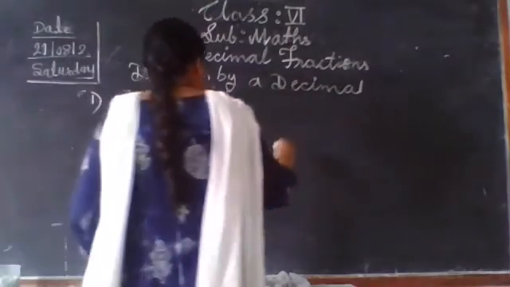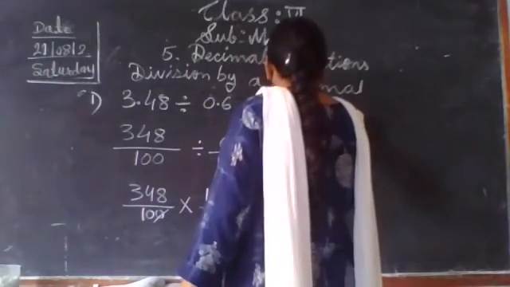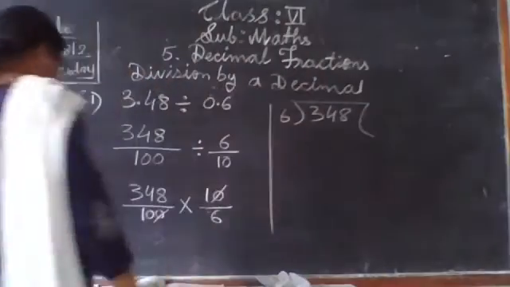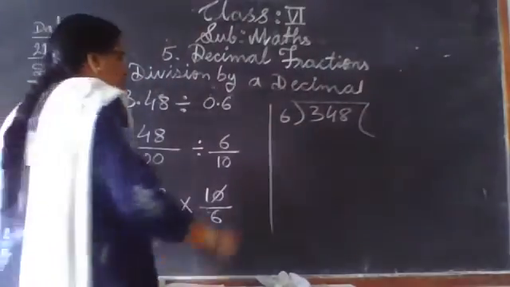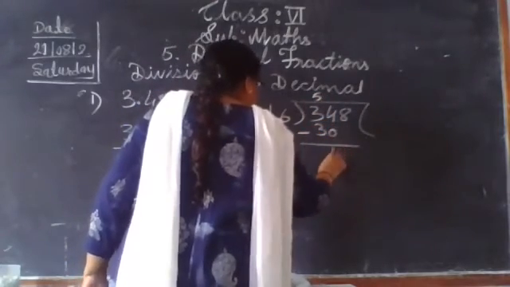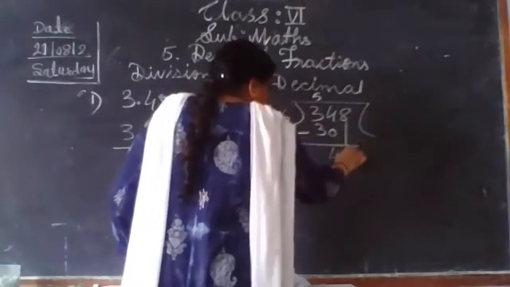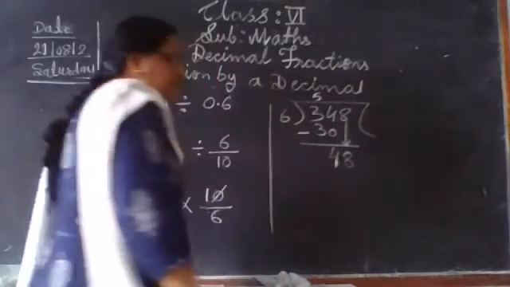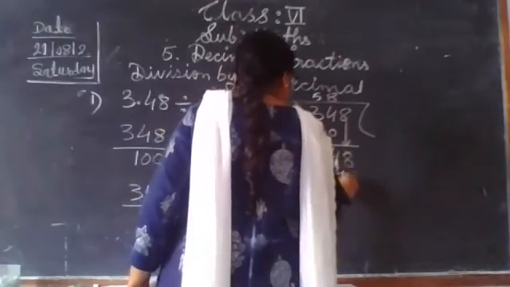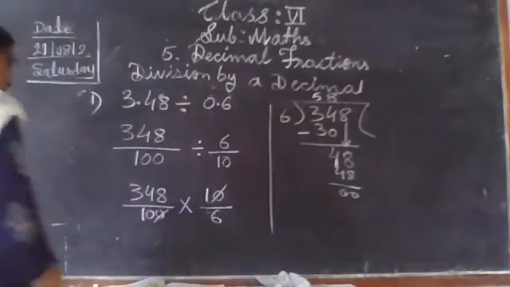So let's see. 6 5s are 30. Remainder is 4. Now bring down this 8. 6 8s are 48. Okay.